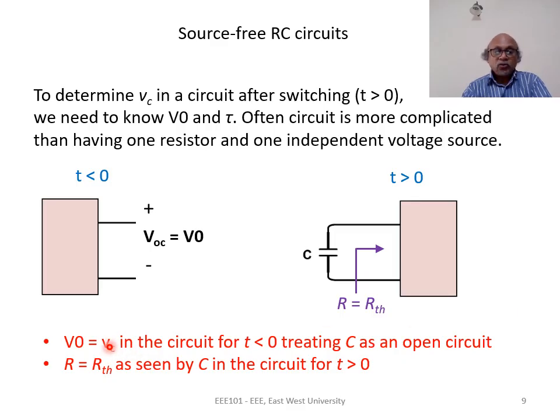So these are the two conditions which allow us to find V0 and R in a source-free RC circuit. And once we know R, tau is simply equal to the RC product. And once we know V0 and tau, we can write the expression for the capacitor voltage.